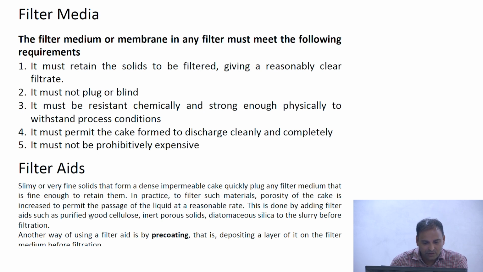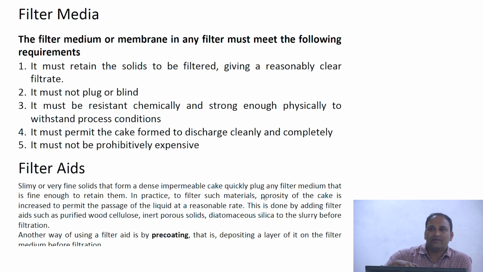People typically use some cellulose particles. You can buy cellulose particles in the market. It's inert. It doesn't really affect either the fluid or the particle. And then some silica. So basically, before you do filtration, you add these additives into the slurry and carry out filtration.